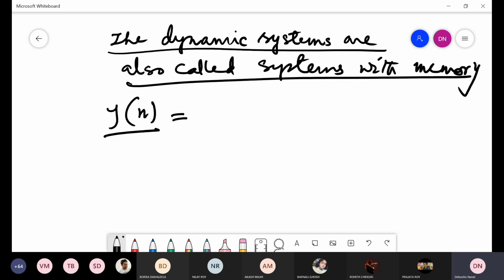Okay. That means yn is equal to some xn plus a xn minus 1 like this.